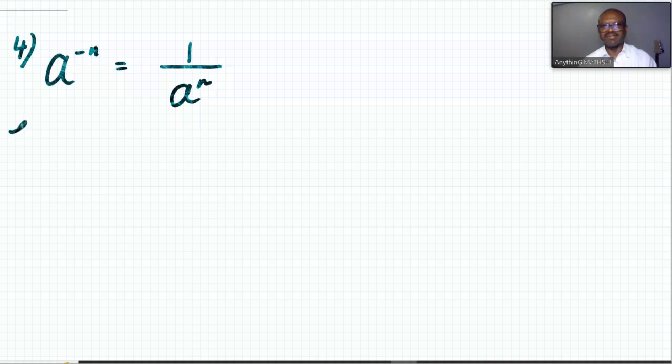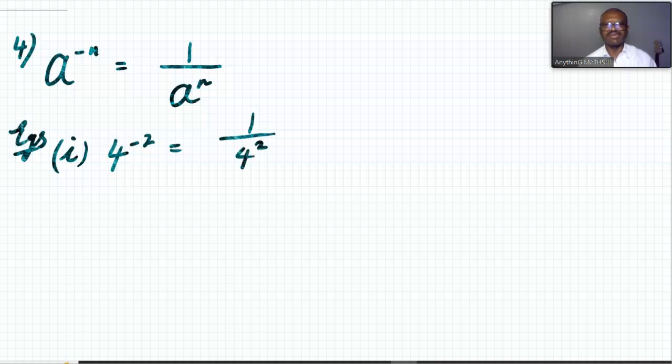So, examples. Example 1. 4 raised to the power negative 2 is the same as 1 all over 4 raised to the power 2. We could have simplified this further, but we're leaving everything in this form in the meantime.